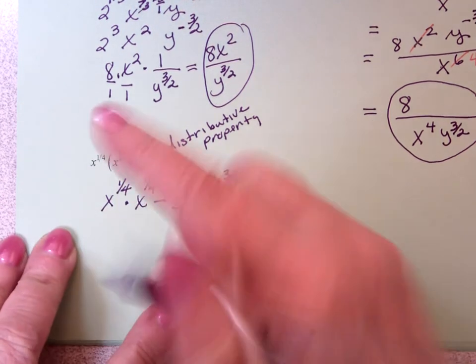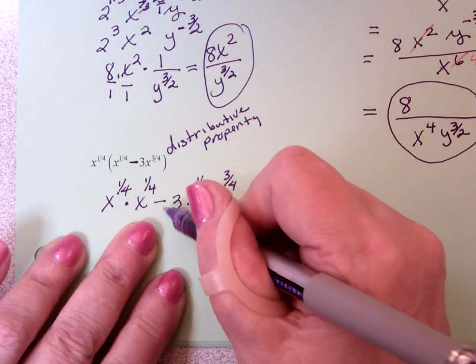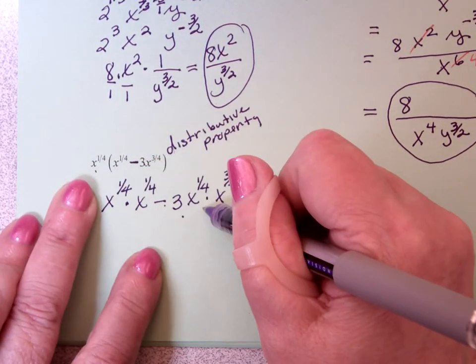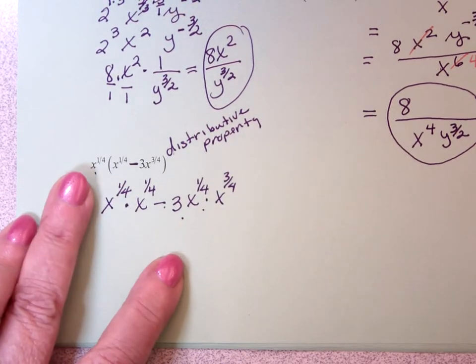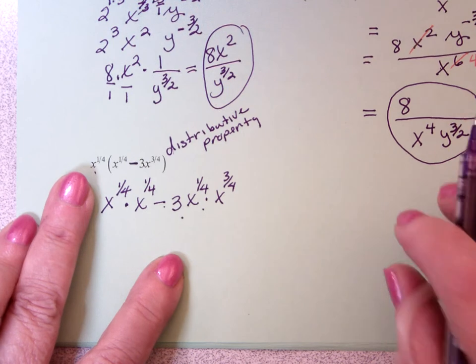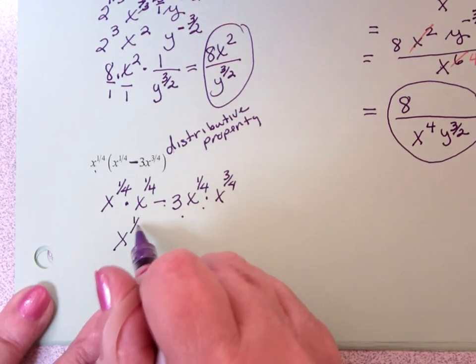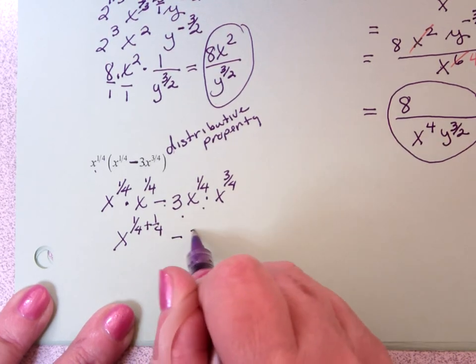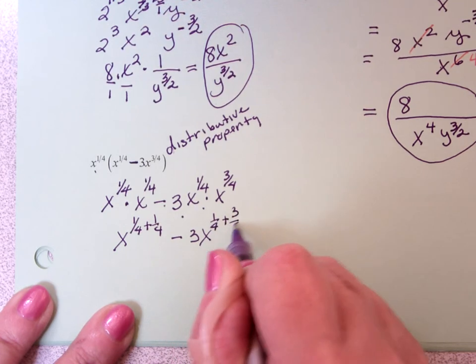So here's x to the 1/4 times x to the 1/4 minus 3. There's your x to the 1/4 times x to the 3/4. Oh, there's 3 different things. Okay. I forgot. Gotcha. So this would be x to the 1/4 plus 1/4 minus 3x to the 1/4 plus 3/4.